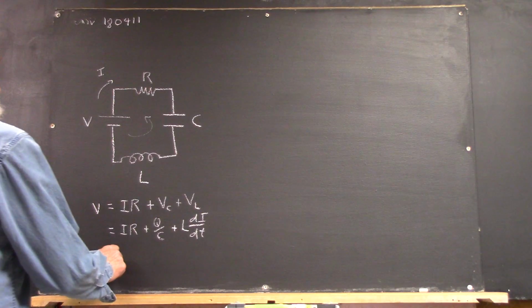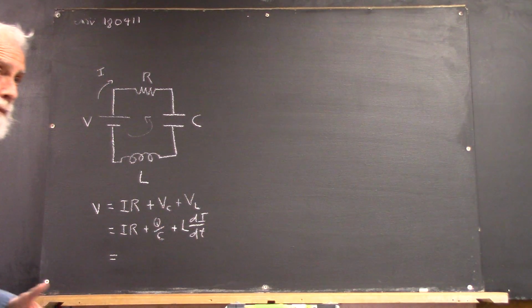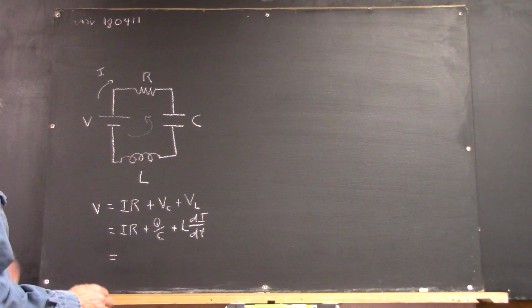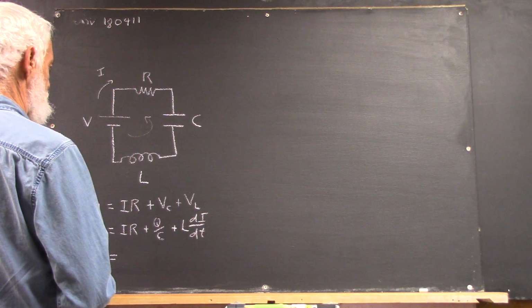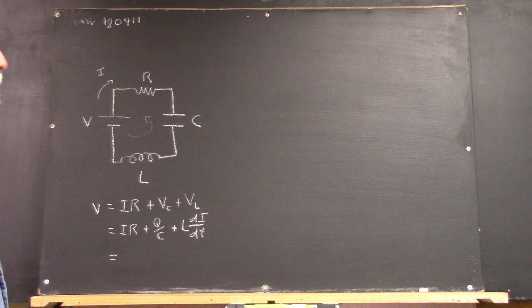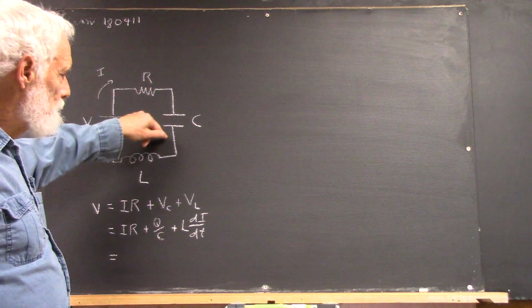Yeah, I think the current should be negative, shouldn't it? If we're going this direction and the current's going the opposite way, it should be negative. Okay? Oh, these are voltage drops. Your voltage drops across the resistor. It drops across the capacitor.